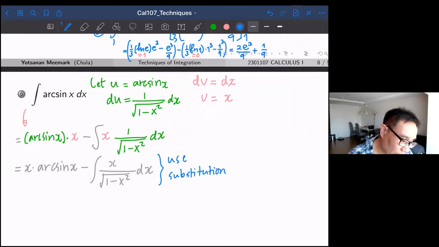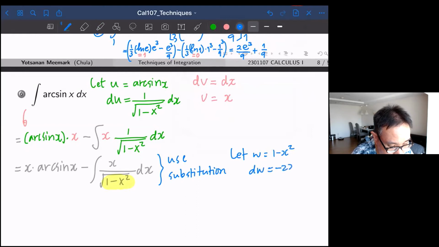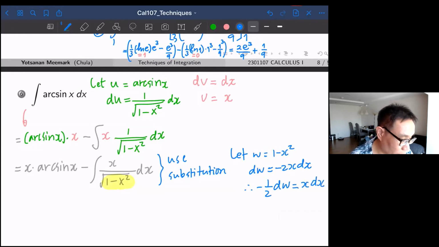You let w be 1 minus x squared, and you have dw equal to negative 2x dx. So this gives you negative 1/2 dw equal to x dx.